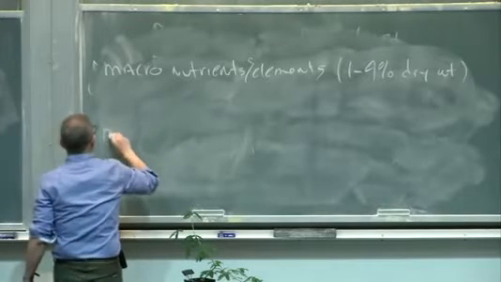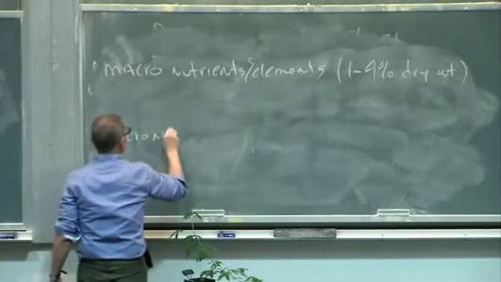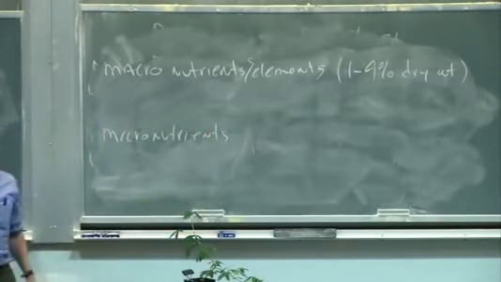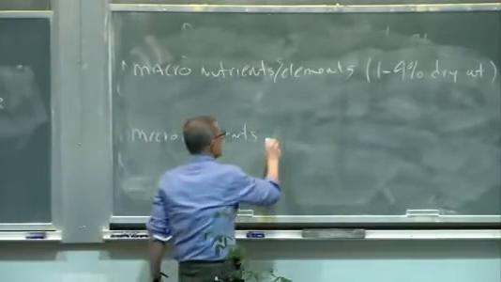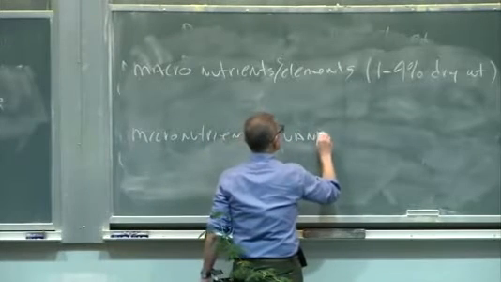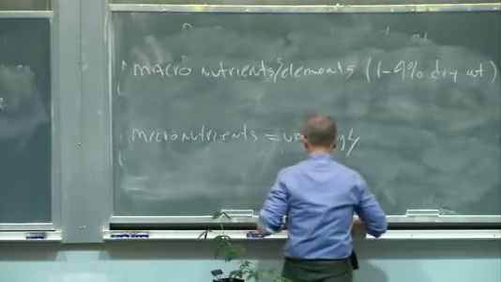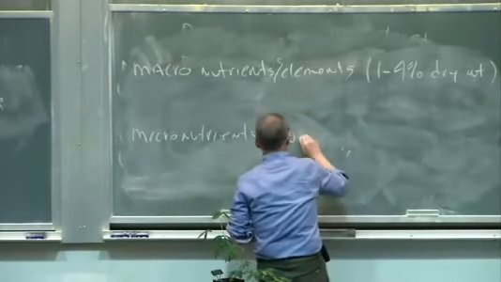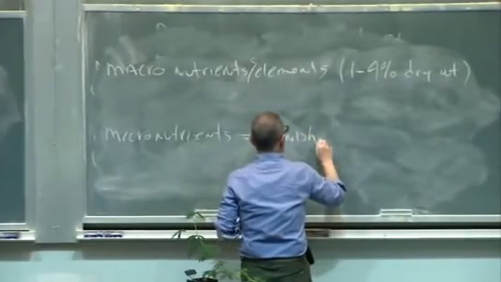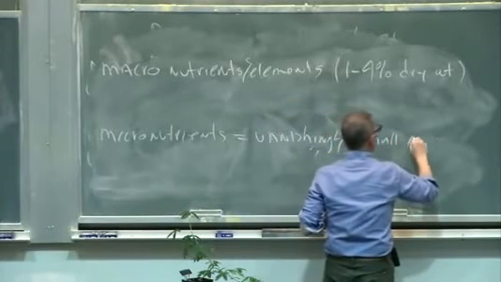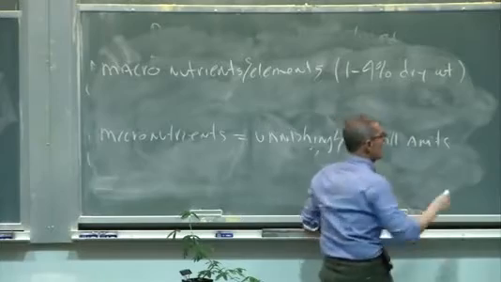And then micronutrients. In contrast to the macronutrients, micronutrients are required often in vanishingly small amounts, often in parts per million.